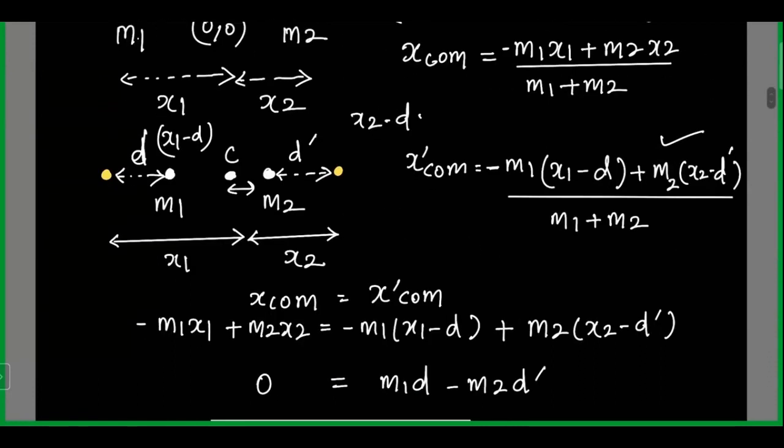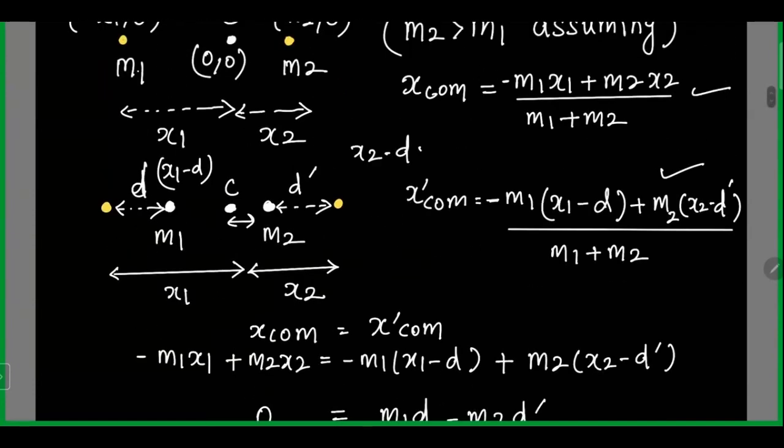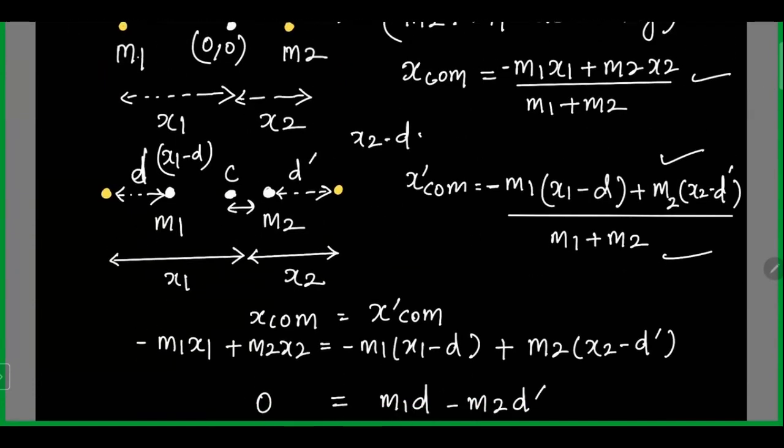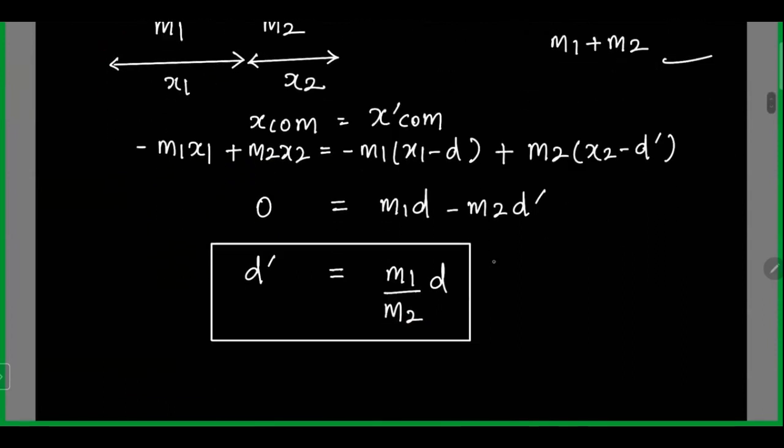Now what is my requirement? My center of mass should remain the same. So the initial center of mass equals the new center of mass. I can equate these two equations, and after some simple mathematics, d dash comes out to be m1 by m2 into d.